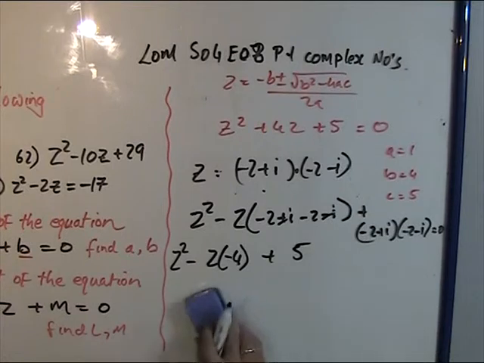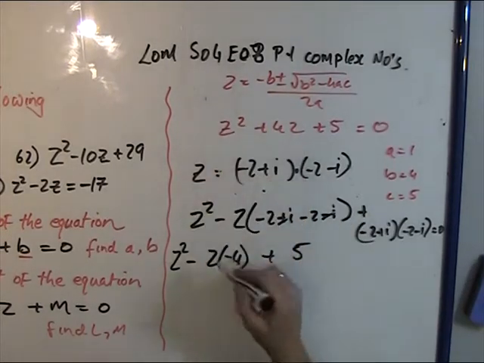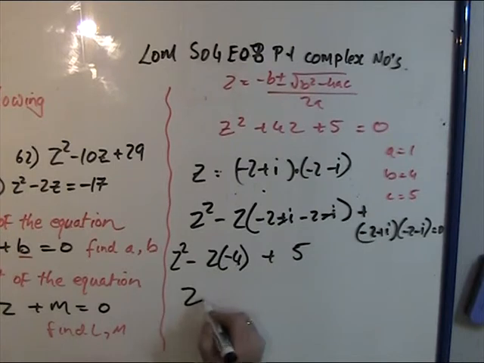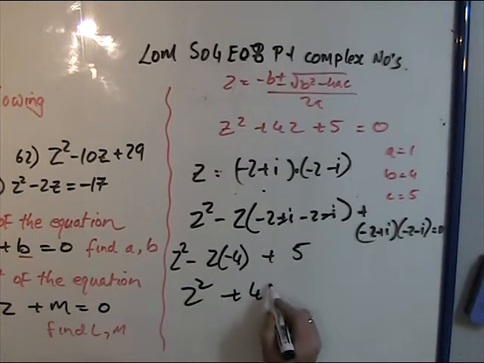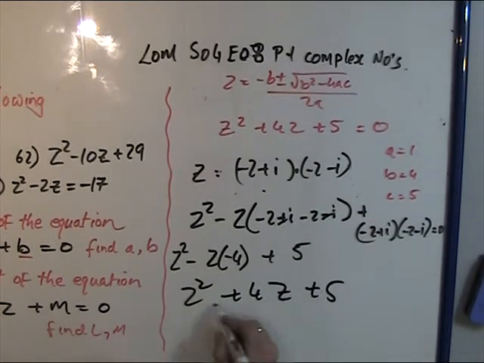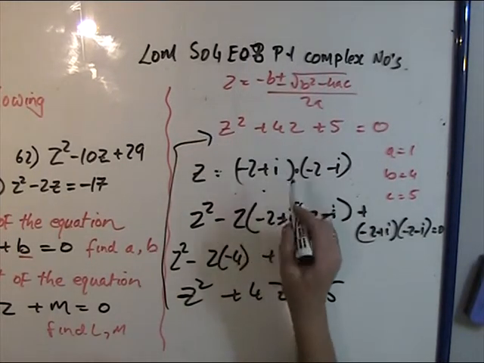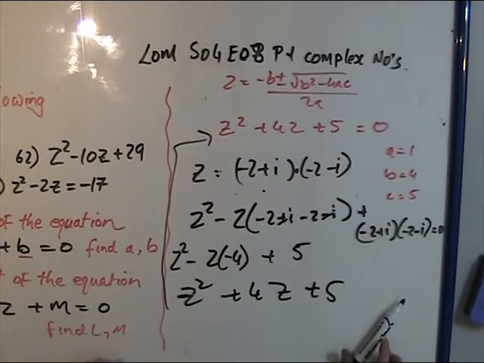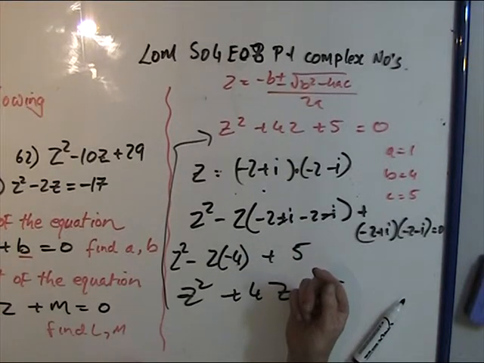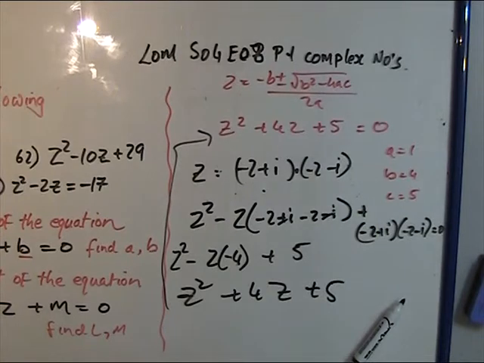So I'm multiplying minus by minus, and it's plus 4z plus 5. So we're back to the original equation. So you have proved that the conjugates can give you it. So given one root, if it's a complex number, you know that the conjugate is also a root.